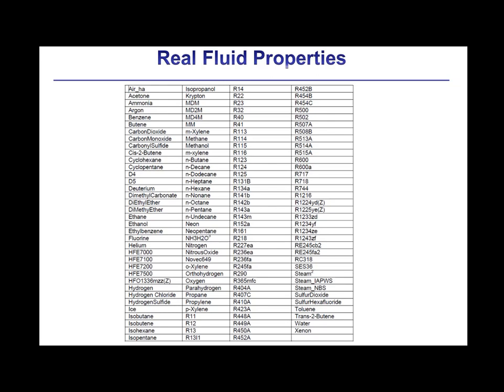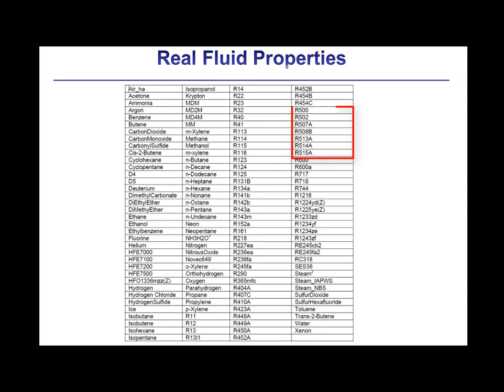Again, this list consists of mostly pure fluids, but also some mixtures of fixed composition, and in particular the R400 series are zeotropic mixtures, and these are mixtures that typically exhibit some kind of temperature glide within the vapor dome. So the temperature of saturated liquid will be different than the temperature of saturated vapor at a specific pressure.